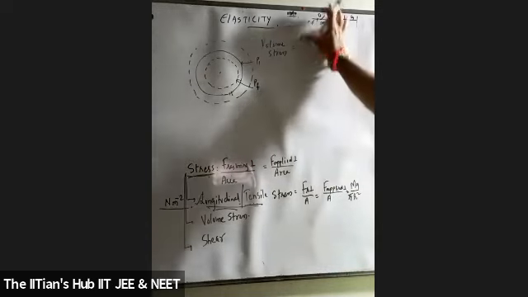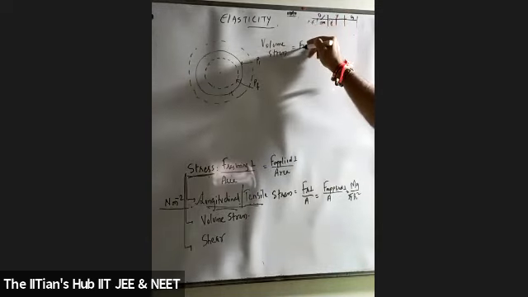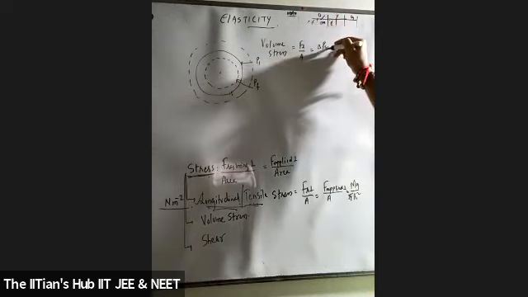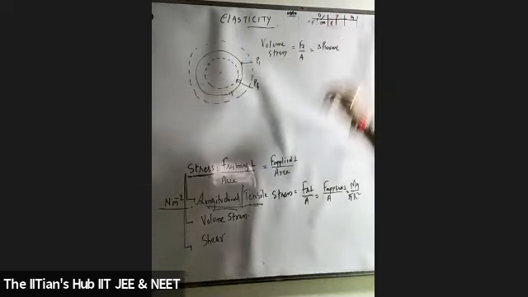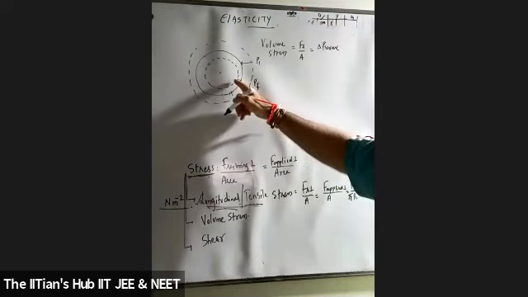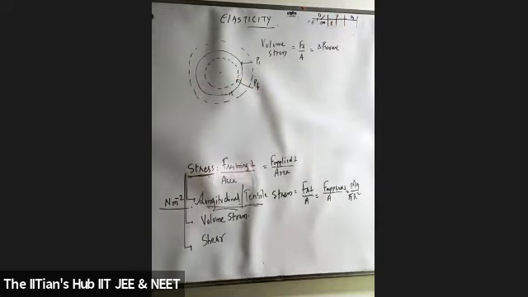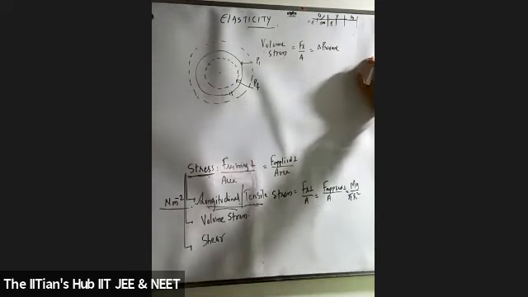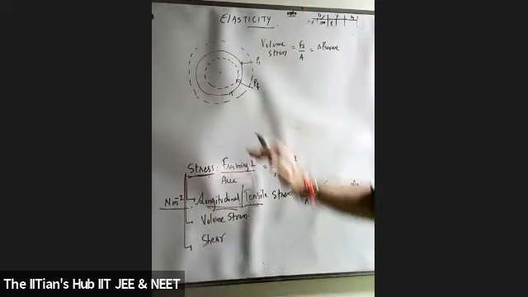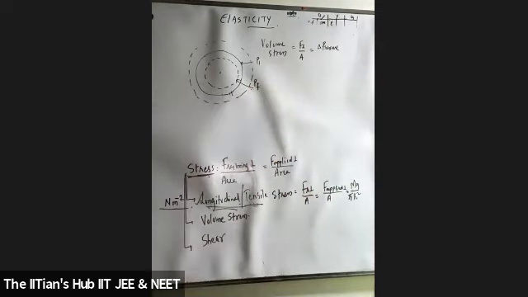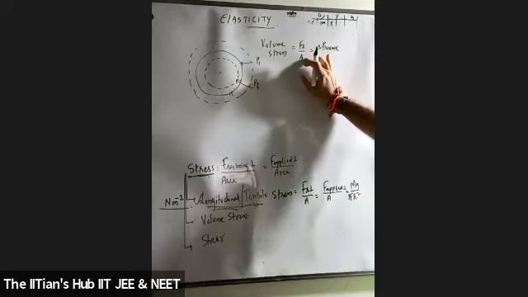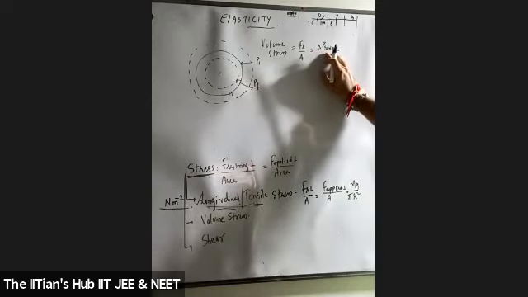If I say force acting normally per unit area, can I say simply that it is the change in pressure? Look, this is final and this is initial. Final pressure is greater than initial pressure. Whenever you compress the ball, students, the final pressure is greater than the initial. So volume stress means force acting normally per unit area, which is also equal to change in pressure.